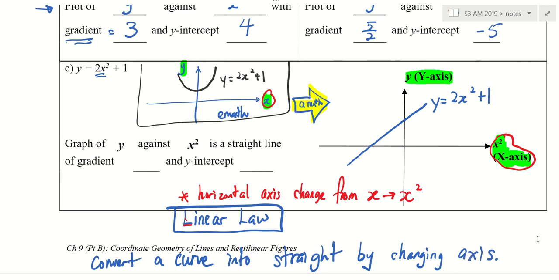Okay, end of lesson. So this is what the lesson is about. At the end of today, you need to know how to change a curve to a straight line by changing the axis. That's all. Easy? How come the curve now becomes the straight line? We will go into it.